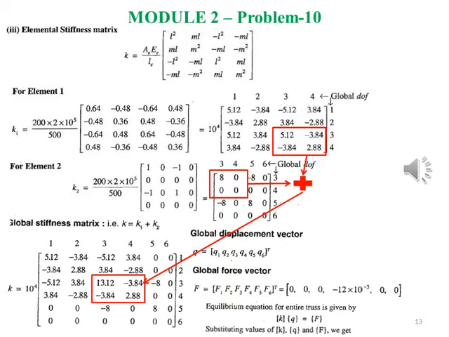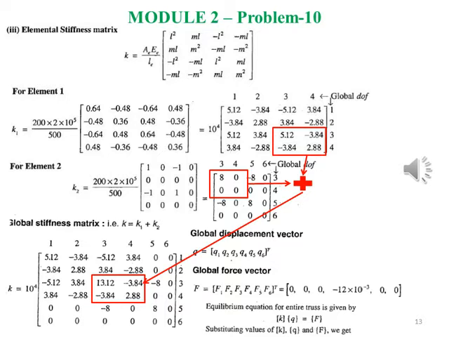So next, the formula of the stiffness matrix is AE divided by L into the matrix with entries L square, LM, minus L square, minus LM; LM, M square, minus LM, minus M square; minus L square, minus LM, L square, LM; minus LM, minus M square, LM, M square.